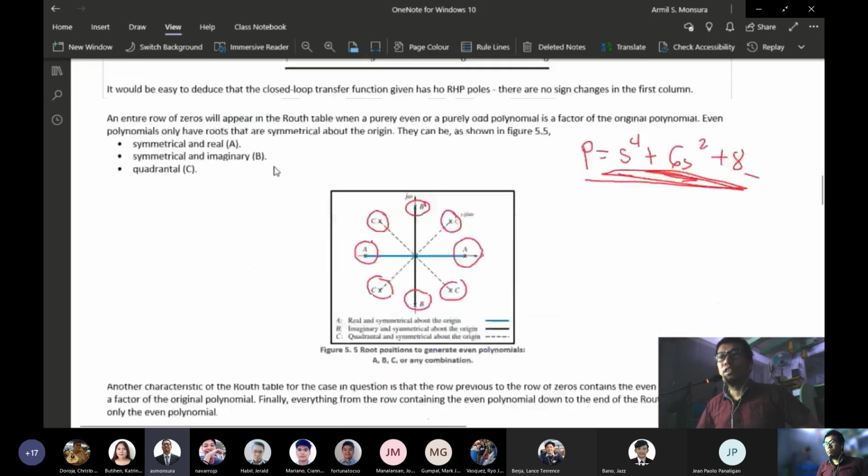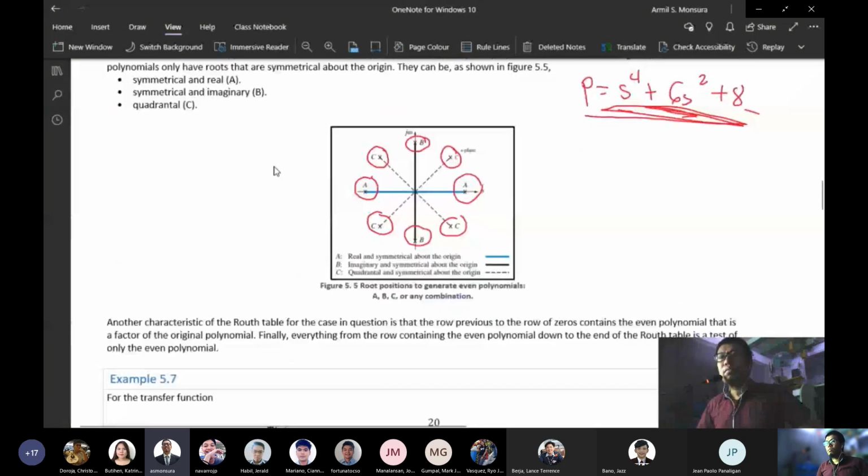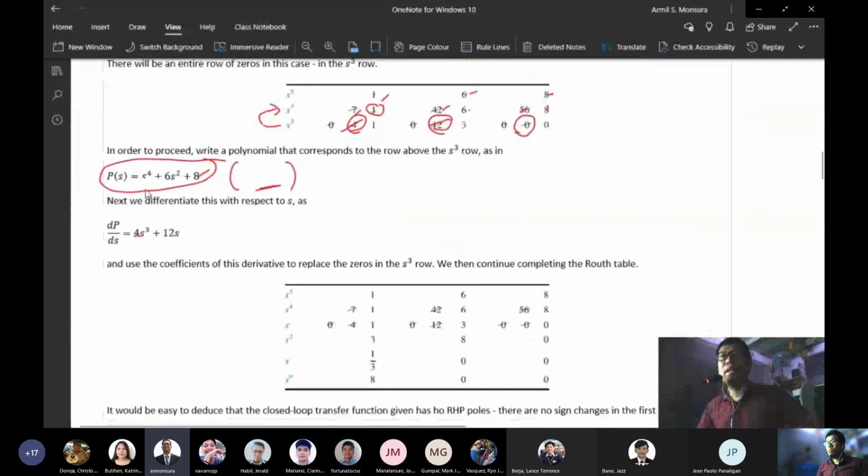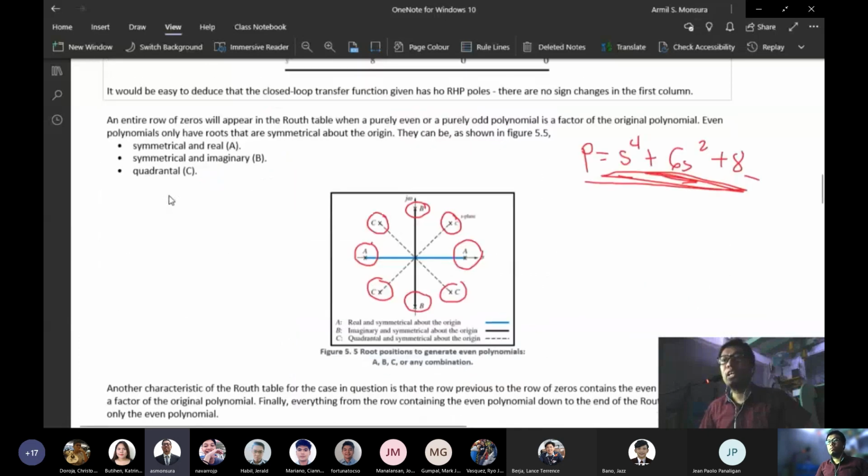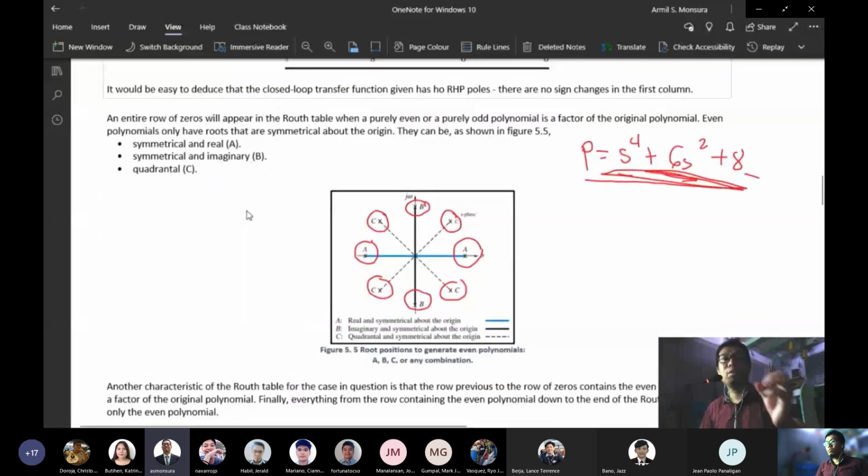Okay. So ayun. And then, this even polynomial would give rise to symmetrical poles o symmetrical roots. Okay? So kapag symmetrical root siya, basta meron siya sa right half plane pole, meron din siya sa left half plane pole. Pag wala siya sa right half plane pole at left half plane pole, ibig sabihin nasa j omega axis siya.